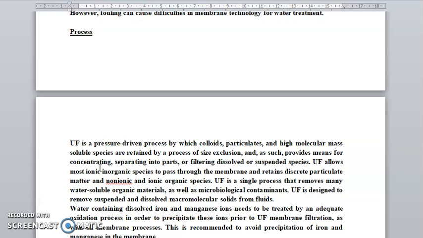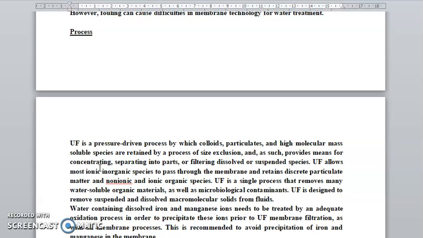Ultrafiltration is a single process that removes many water-soluble organic materials as well as microbiological contaminants. Ultrafiltration is designed to remove suspended and dissolved microorganisms and solids from the fluid. Water containing dissolved iron and manganese needs to be treated by an adequate oxidation process in order to particulate this iron prior to ultrafiltration membrane filtration.